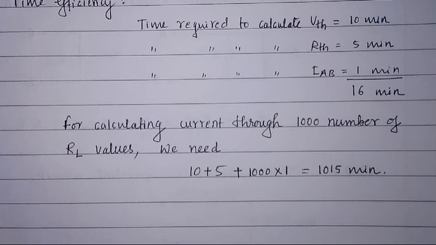As I told in the beginning, if I use the superposition theorem to find current through 1000 number of RL values, then the time required will be 10,000 minutes.